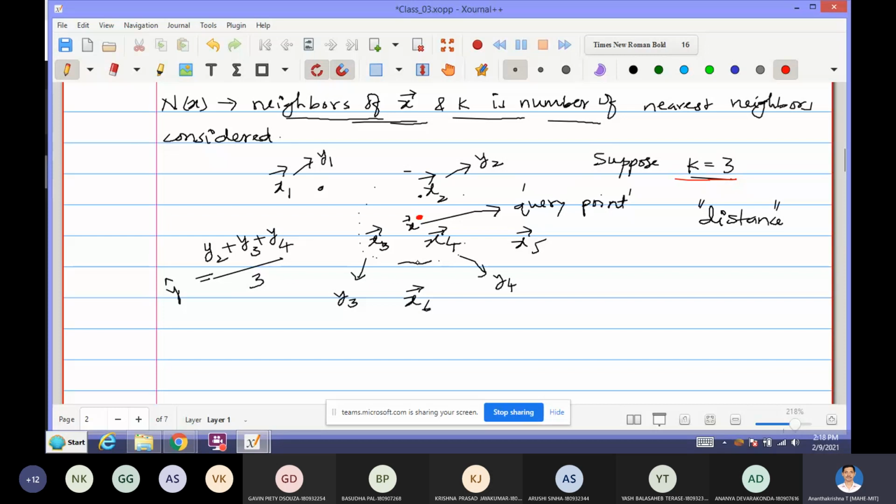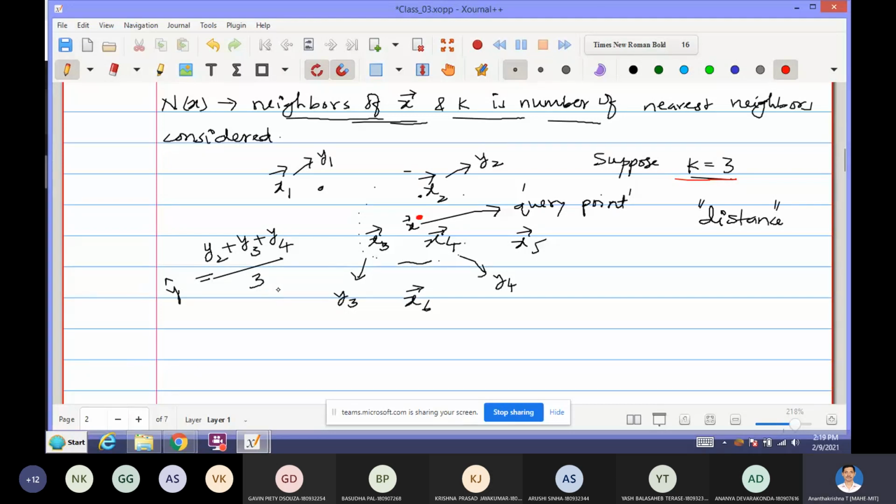So what we do here is we assign the output of this query point as the average of y2, y3, and y4. That is the estimate. That's exactly what is done.